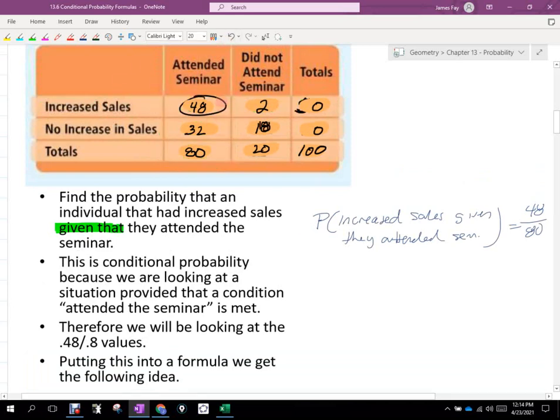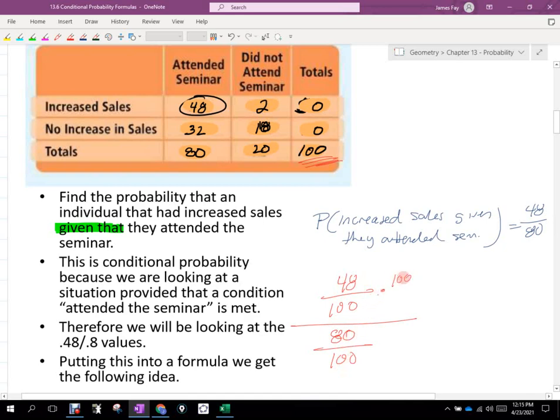If I just look at the whole thing, if I have 48 people out of 100, that's how many people had increased sales and attended the seminar per those 100. Does that make sense? If I divide that by the people that attended the seminar, how many people attended the seminar? 80 out of the 100 people that work for me, right? Does anybody know how I do this division with a fraction divided by a fraction?